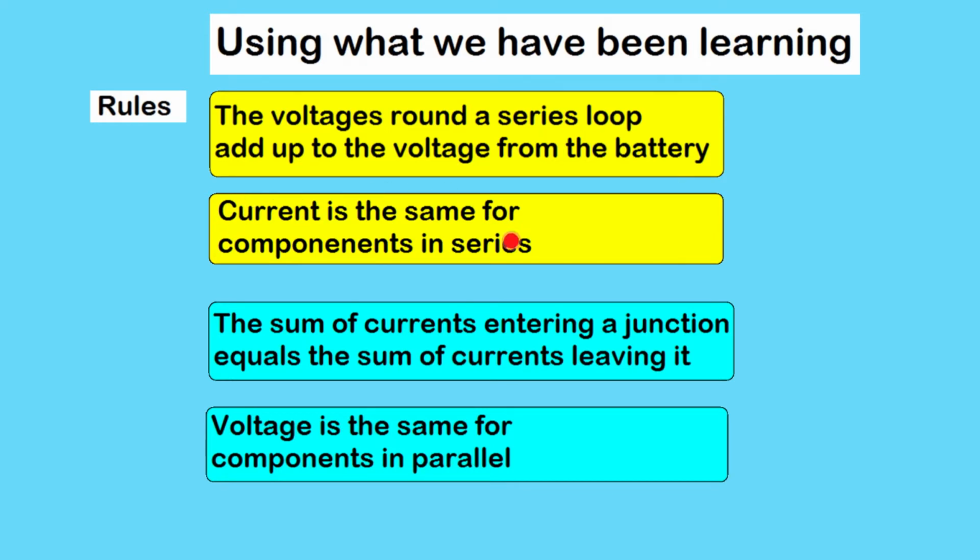So current is the same when they're in series, voltage is the same when they're in parallel. And we get this adding up case for voltages in a series loop, and an adding up case for currents in parallel circuits.